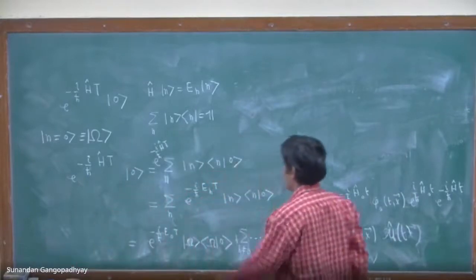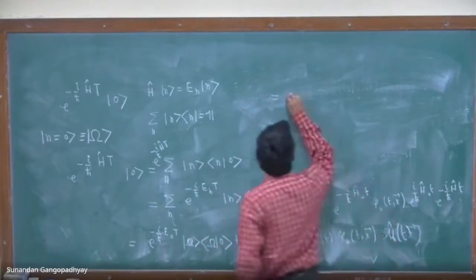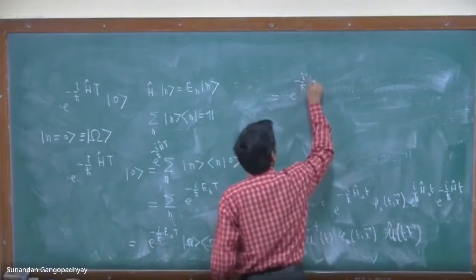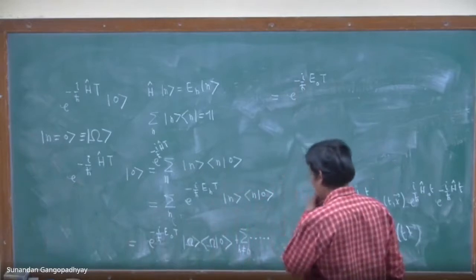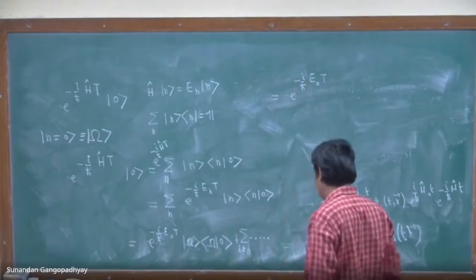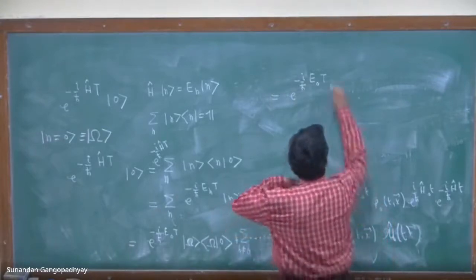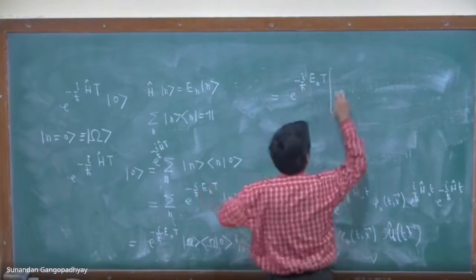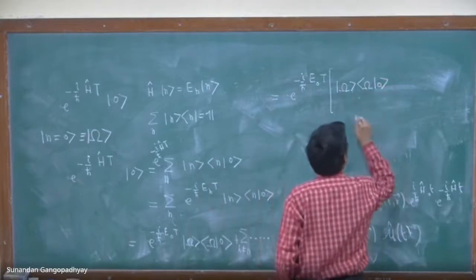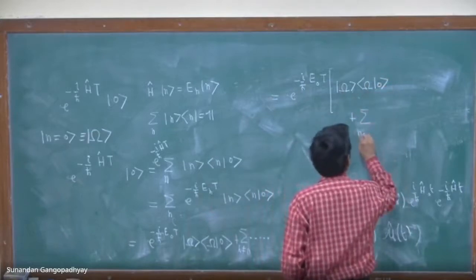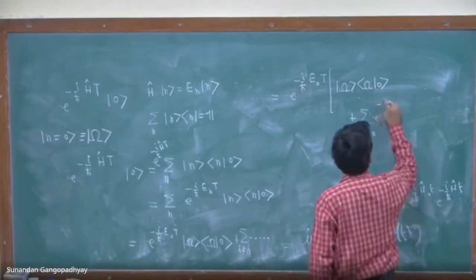We have just isolated the n is equal to 0 term from here. So therefore, this is equal to, I've just taken this term common.